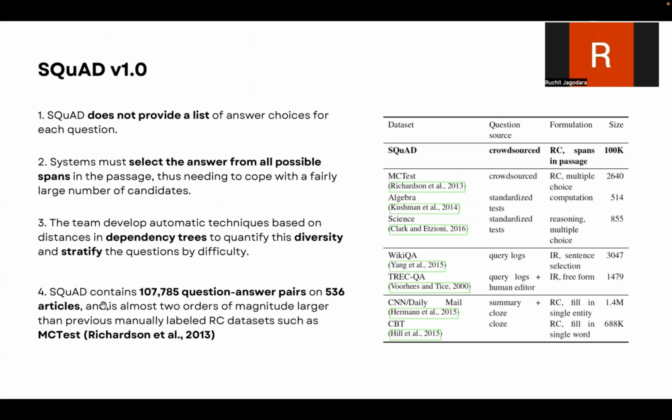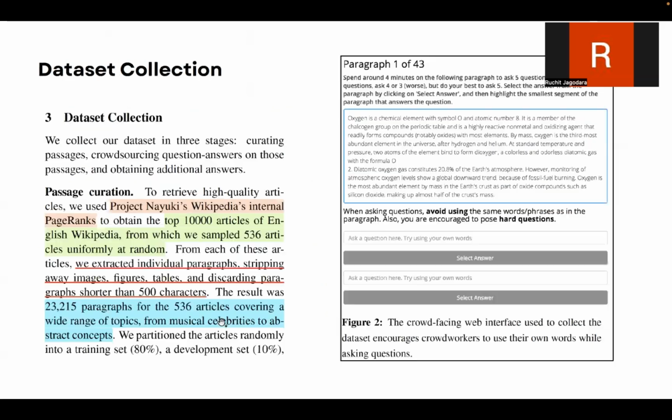And yeah, there were around one hundred thousand question-answer pairs in the dataset, and there were a total of 536 articles, which was larger than MCTest. And yeah, I'll hand over to Bhavik.